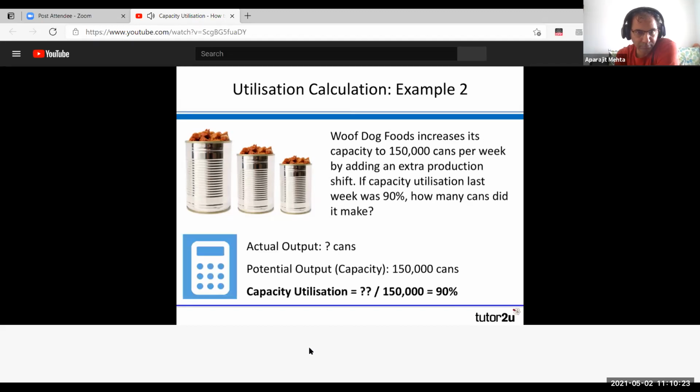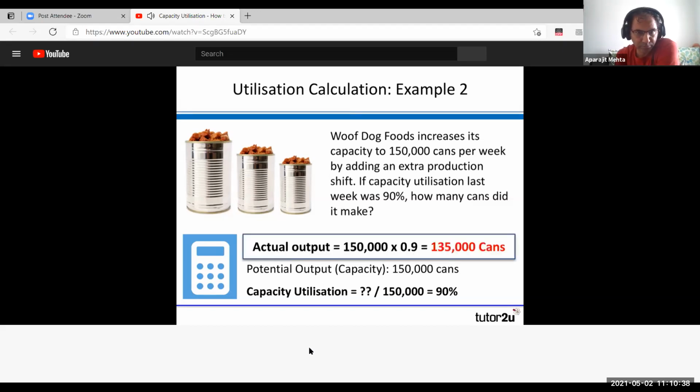Well, let's have a look at the answer. We're given some of the information. We're given the potential output, the capacity of 150,000, and we're told that the utilization figure was 90%. So we have to work out what the actual output was. Well, in this case, we take the potential, 150,000 cans, and we're told the actual output was 90% of that.